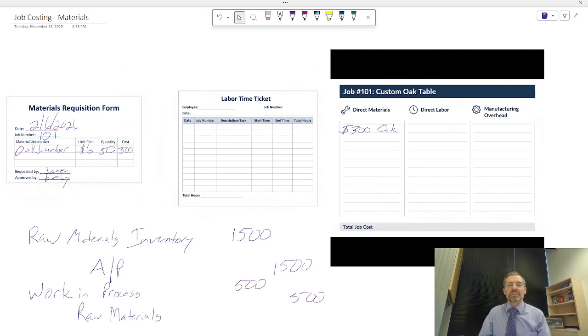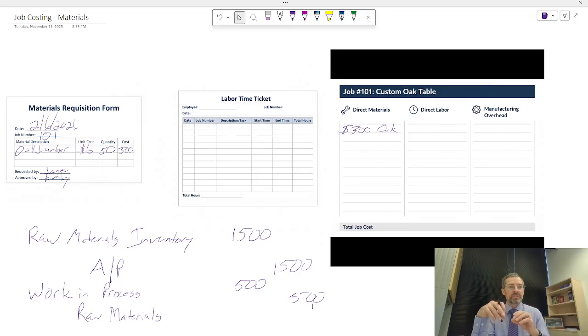that is all of the direct materials, things we can directly trace to the table. So whenever you go get something from the storeroom, you fill out the materials requisition form saying this is how much I am putting in the table. That number then goes to the job cost sheet, and the accountant also makes an entry in the books moving it from the raw materials inventory.